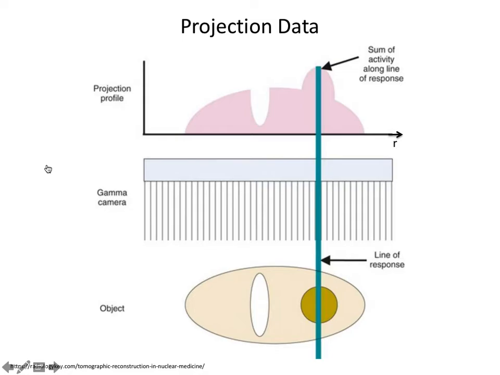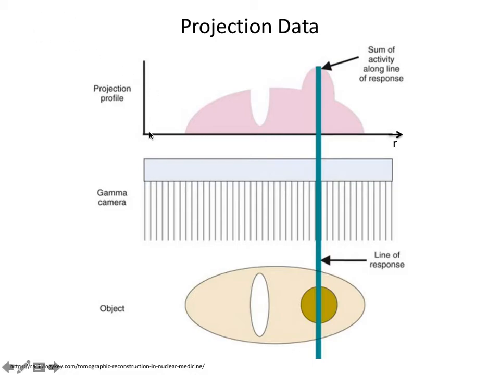It's a lot of trouble to go through. You need a lot more data, because you need many projections around the patient, and you have to decide, how do I balance my signal to noise with the precision of the image that I'm going to reconstruct?